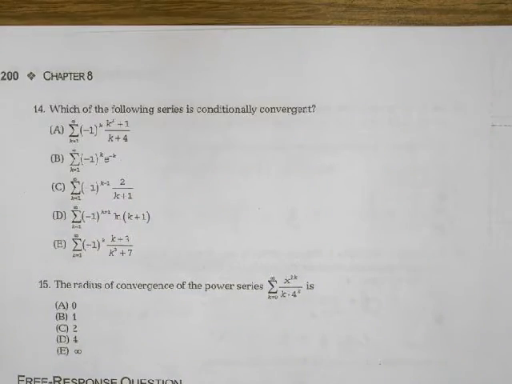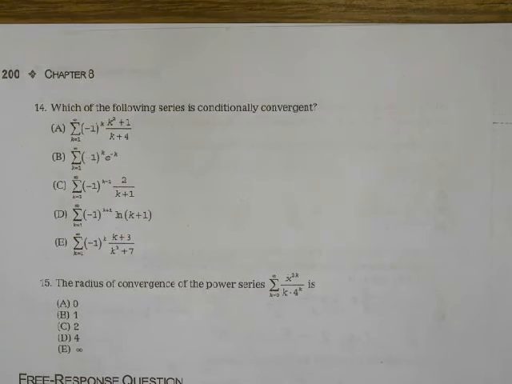All right, next page. Which of the following series is conditionally convergent? So, what I did first is I looked at functions where the absolute value of the function would still be convergent, because then it wouldn't be conditionally convergent, it would be absolutely convergent.